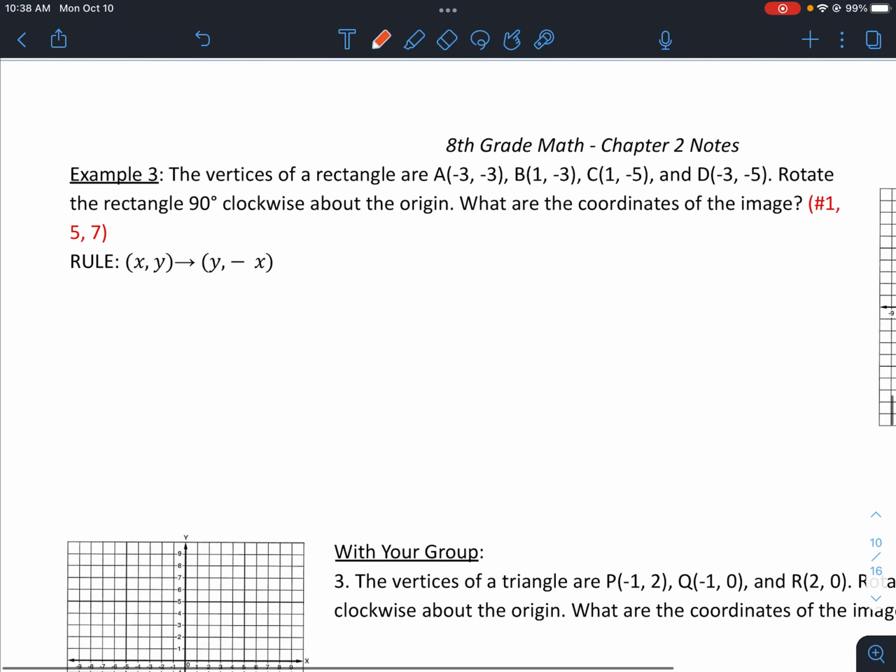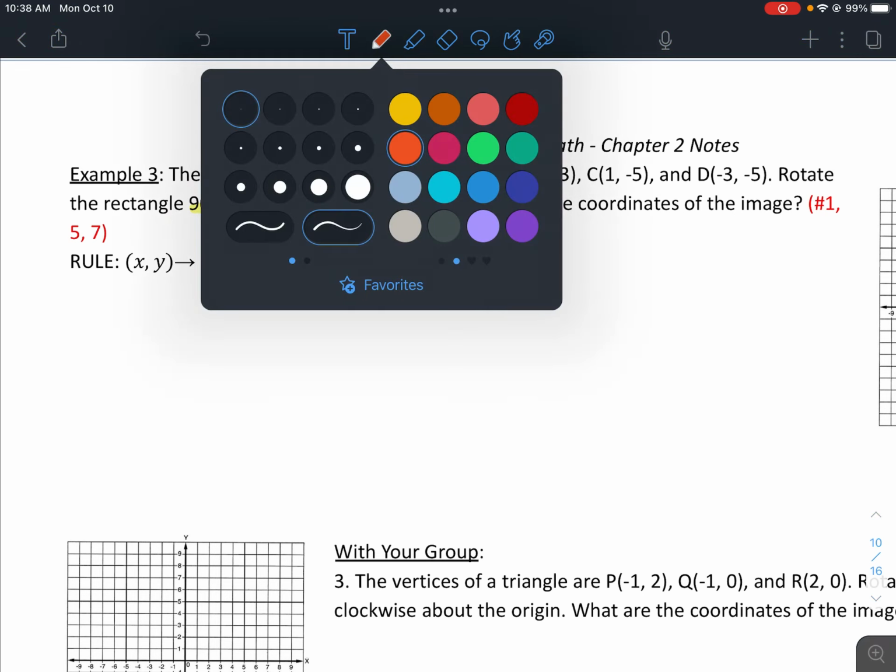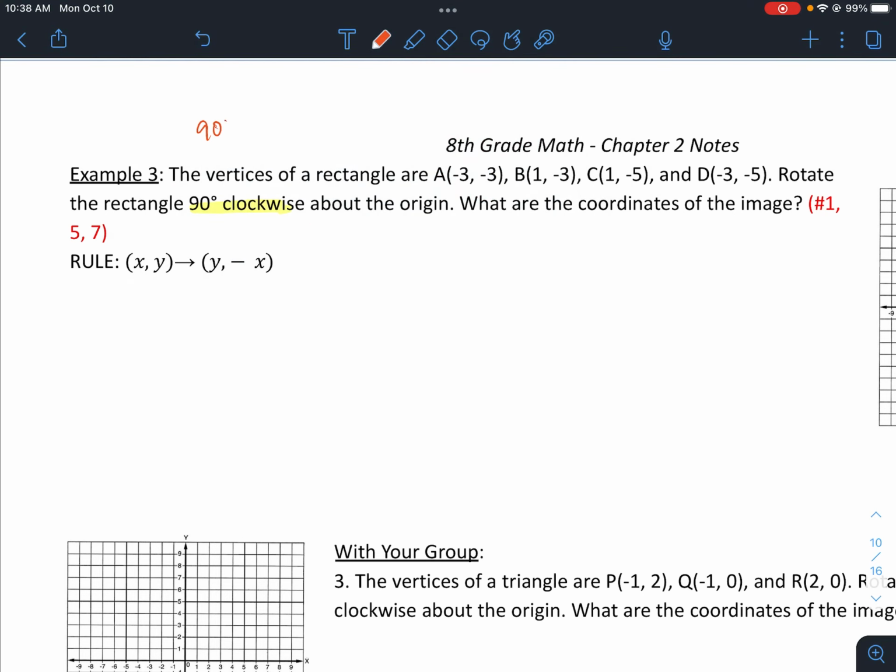All right, next, the vertices of a rectangle ABCD are as follows. Rotate the rectangle 90 degrees clockwise. Another way you'll see that is 90 degrees CW about the origin. What are the coordinates? So here's the rule you'll have to use for this. A is (negative 3, negative 3).